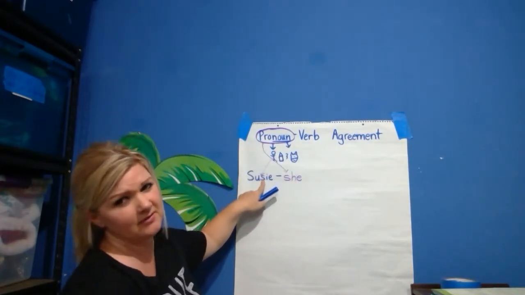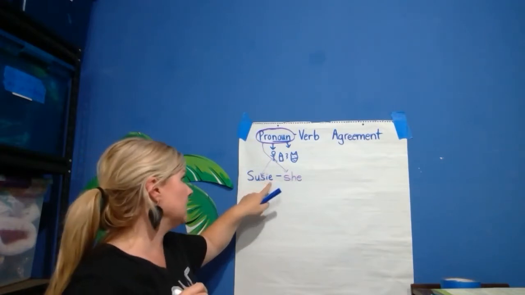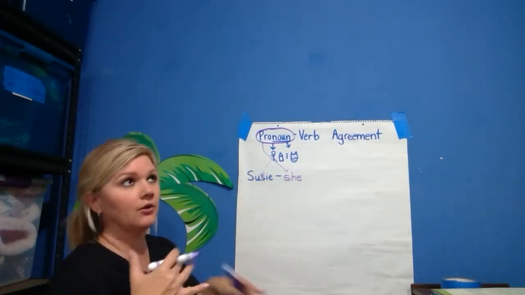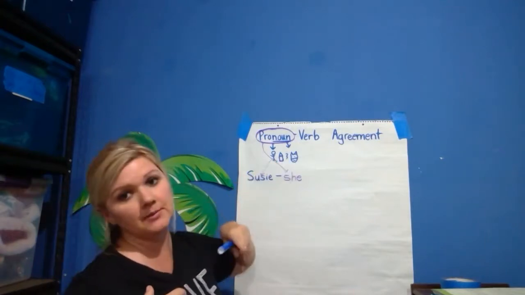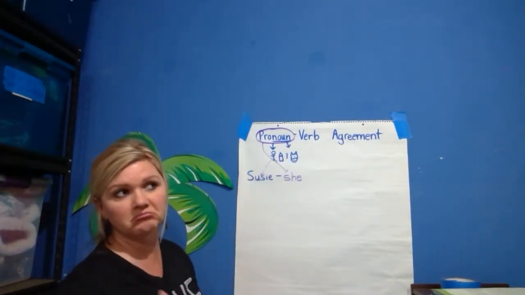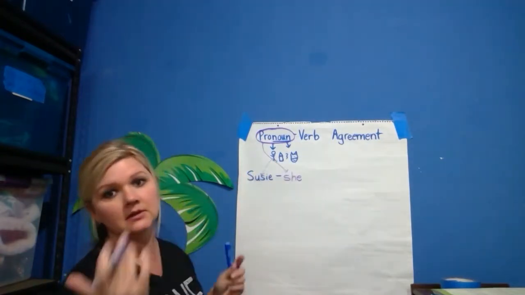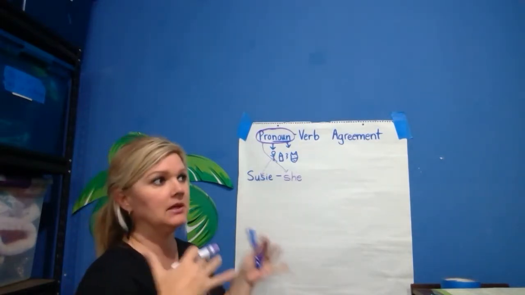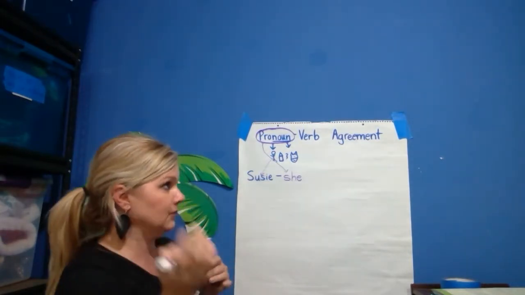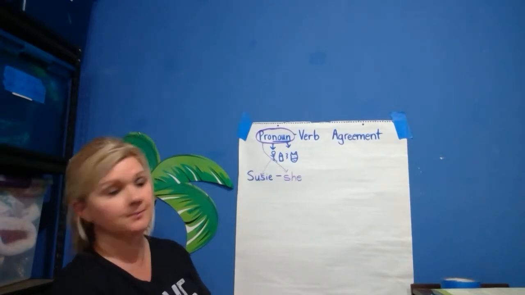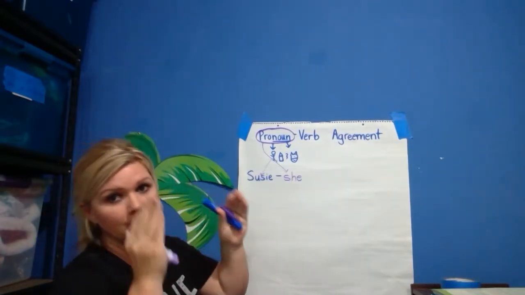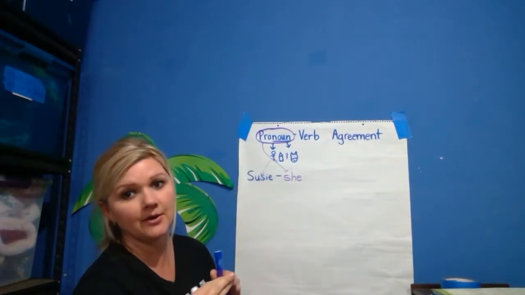Make sense? It could be he, she, or it. Like a house, I'm not going to say she house. No, I'm going to say it. I have a house. It is big. It is replacing the house, which is a noun, a place. Okay, so we got that. A pronoun replaces the name of a noun.